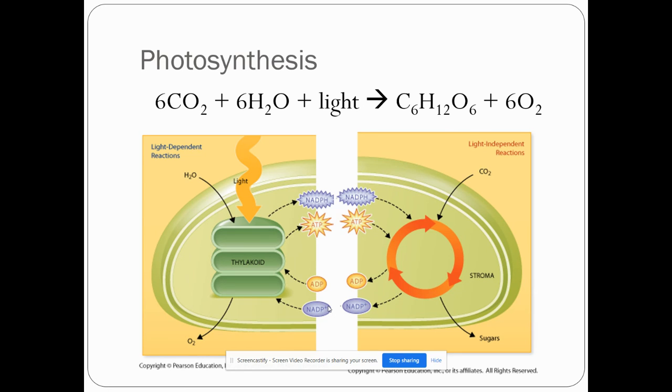An advanced biology, an AP bio, college biology, would focus a little bit more on what's going on with those two. Just know that it's kind of similar to this. We have a more energetic compound, and then we have a less energetic compound, and basically it's a cycle as well. That's really all you need to know with that.